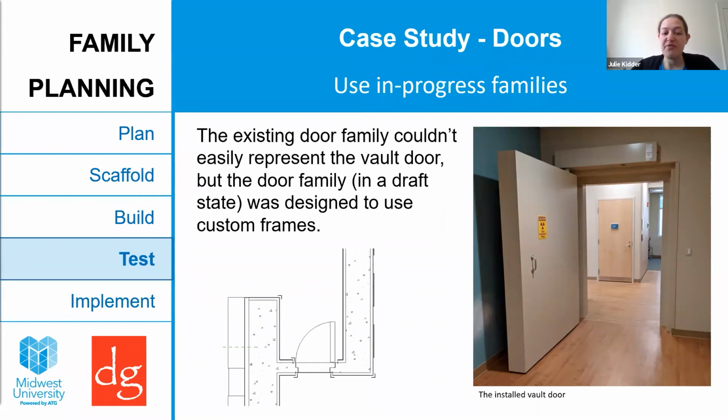I was still building the families when we had a project for a linear accelerator, which requires a very heavy-duty vault door, which has a custom frame. Our existing families couldn't handle that custom frame. Rather than building it from scratch, I built it to work with the in-progress door family.